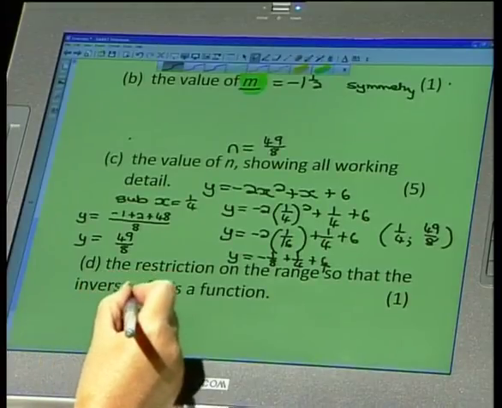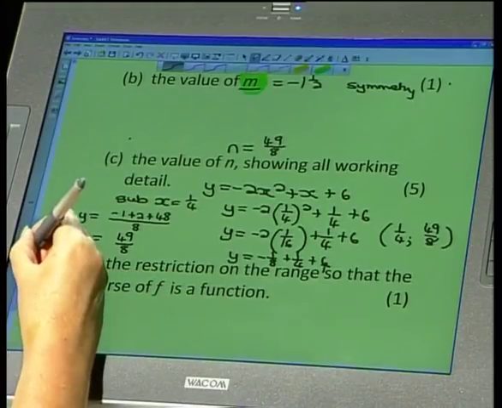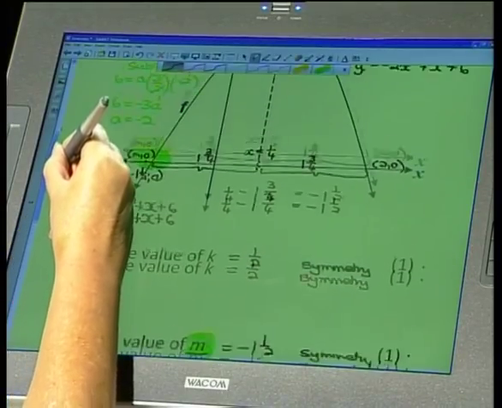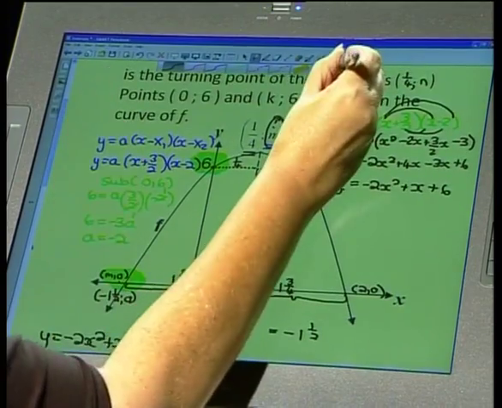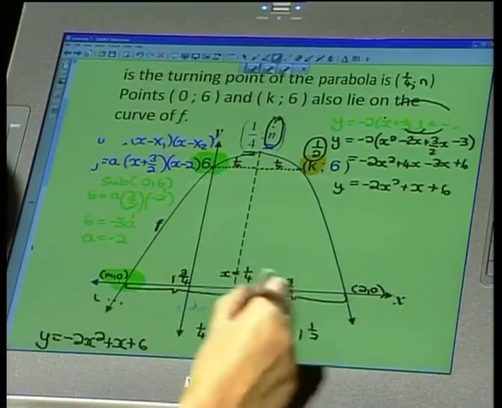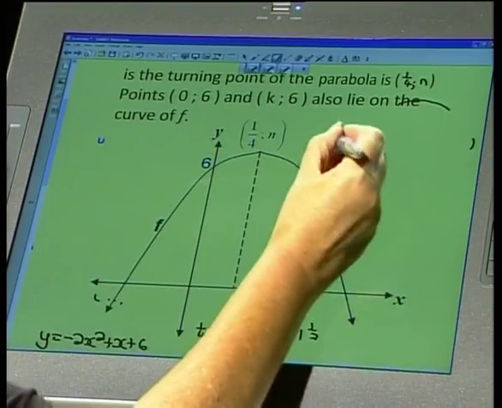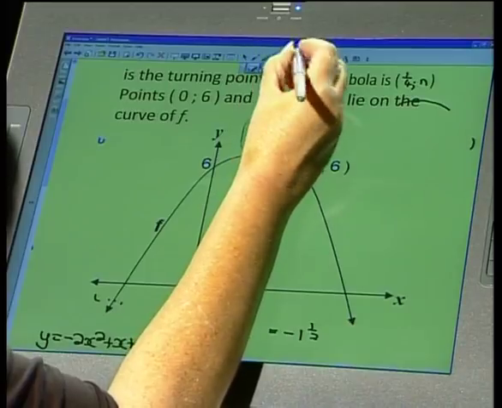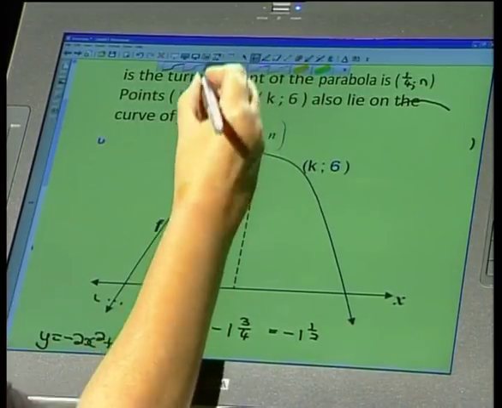It says the restriction on the range so that the inverse of f is a function. Well, let's go back up to this actual graph. And what I'm going to do is just clean it up a little bit because it's getting a little bit busy. And let's just put in some of these important points we have found. In fact, we don't even have to.